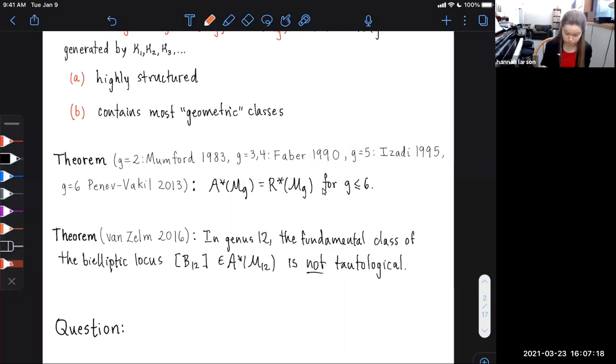So here, a curve is bi-elliptic if there exists a degree 2 map of the curve to E, an elliptic curve.